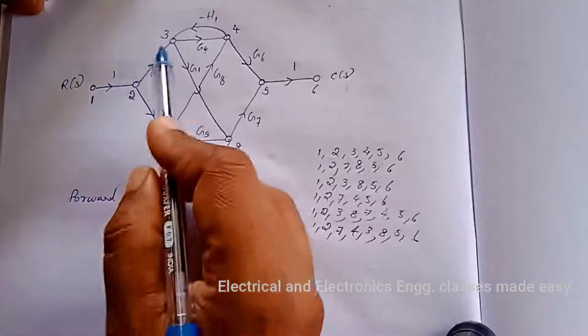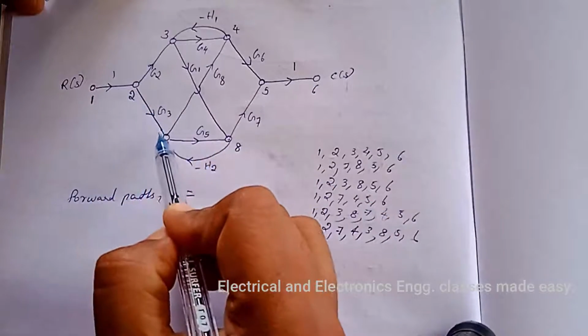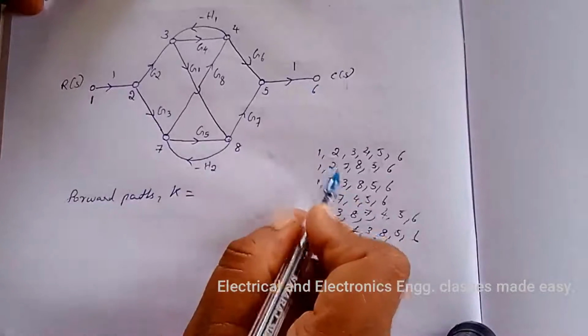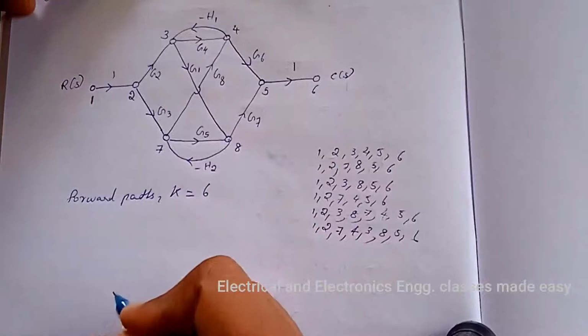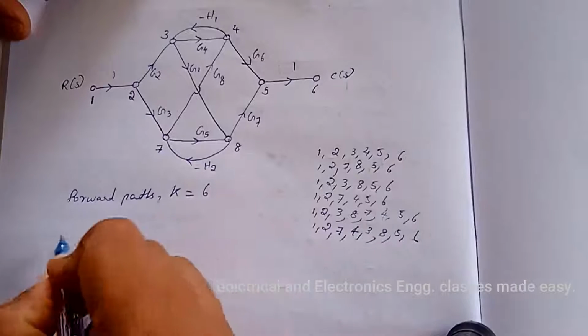So one is like this, next is like this. So there are 6 number of forward paths and we have to find the forward path gains.